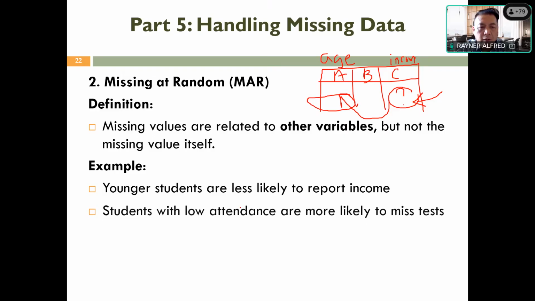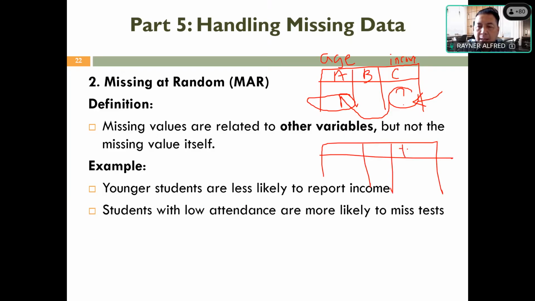Or a student with low attendance is most likely to miss the test. So, for instance, you have this data set, and this is the test, and this is the attendance. So your attendance is low, and there might be a missing value here.